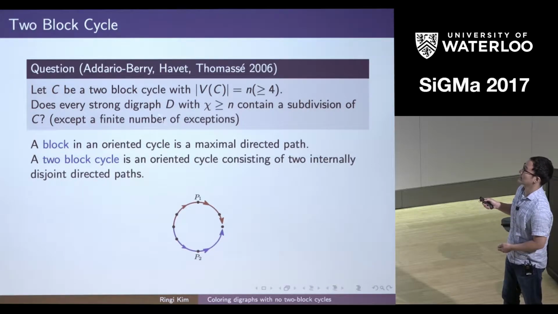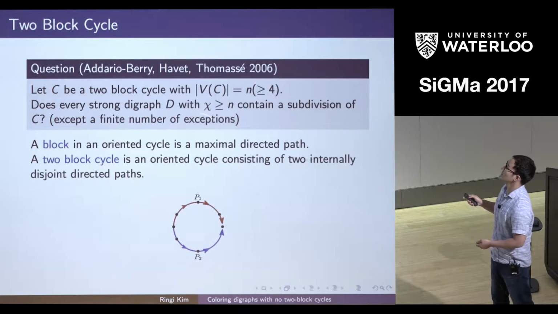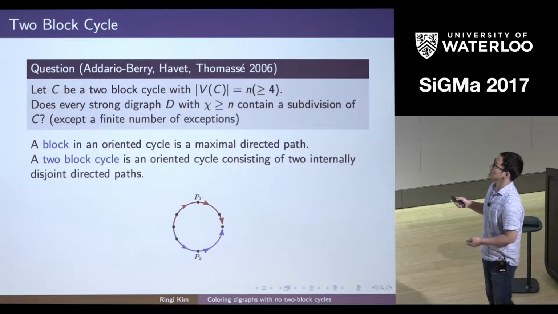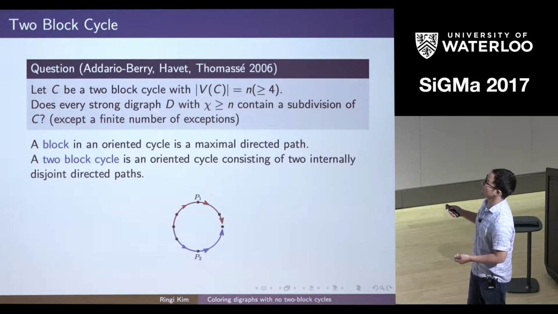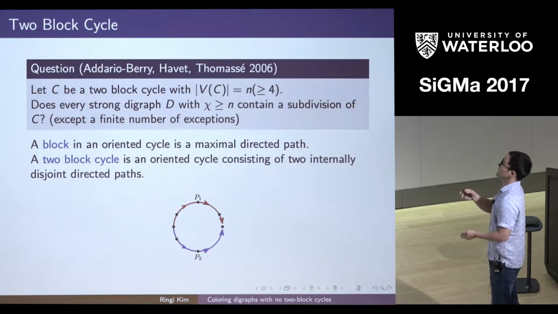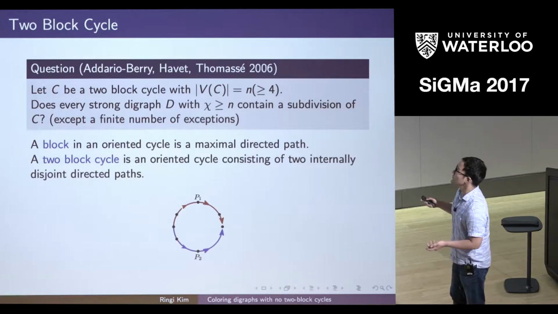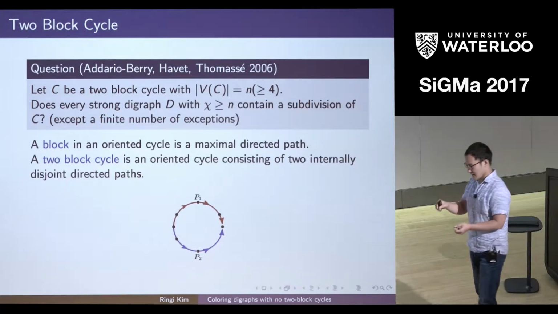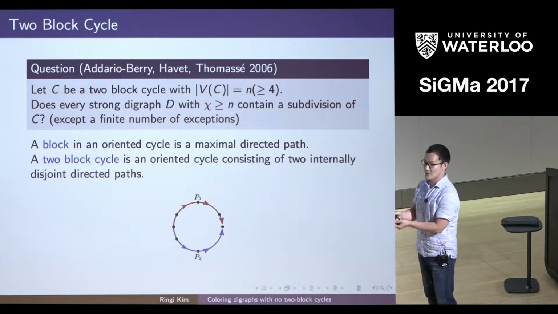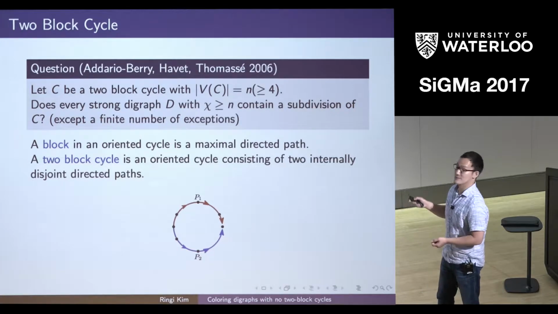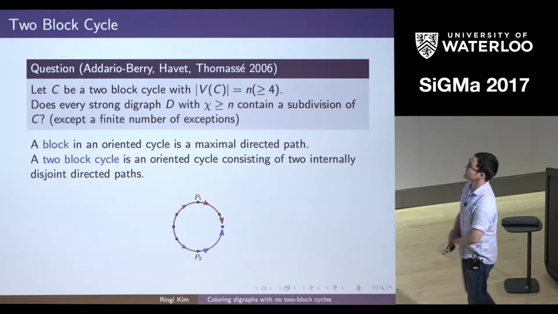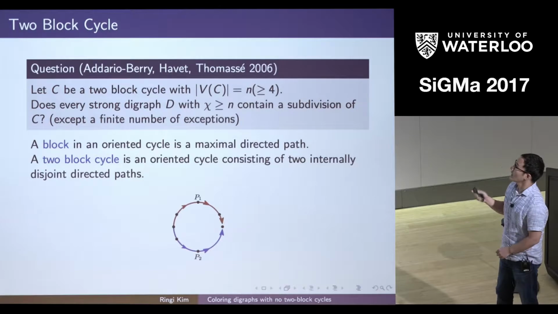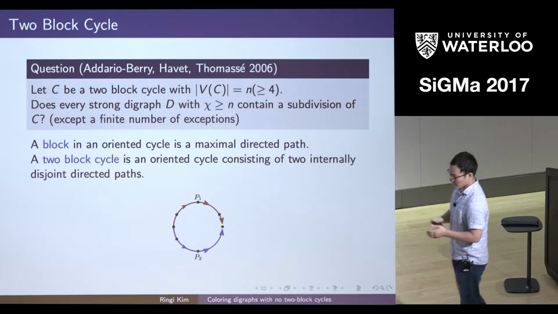They asked if every strong digraph D with large chromatic number contains a subdivision of C. A two-block cycle is just an oriented cycle consisting of two maximal directed paths like this. Now I'm going to focus on this question.